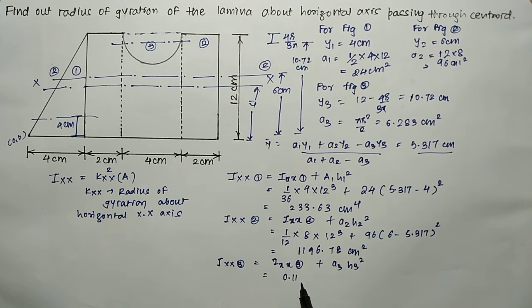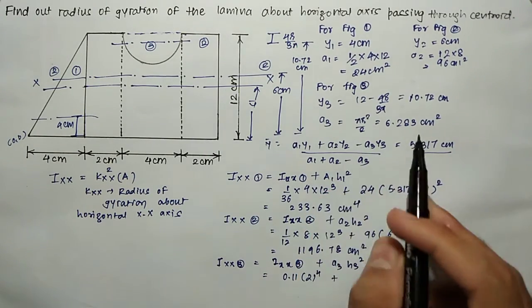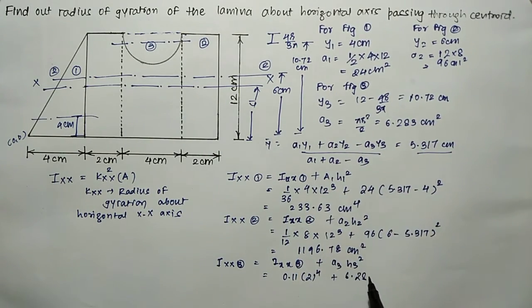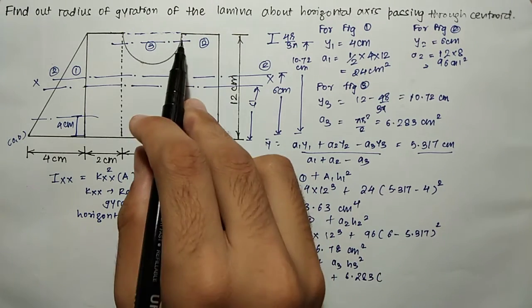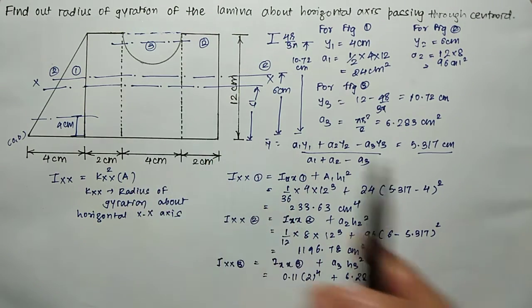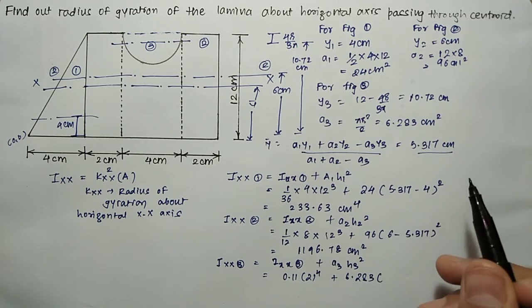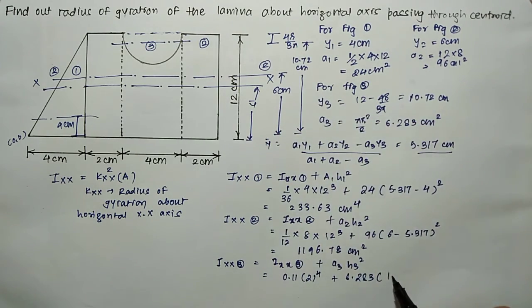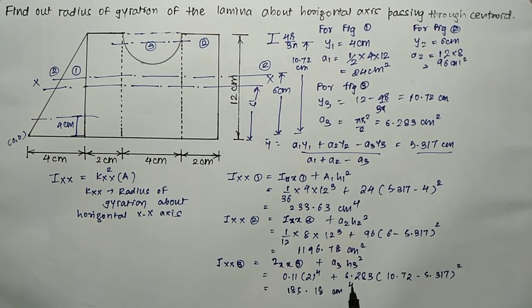So 0.11, and r is nothing but 2 centimeters, so 2 raised to 4, plus A3, that is 6.283 into h3, that is the distance between these two axes, and it can be given by 10.72 minus 5.317 square. So we would be getting the value of Ixx3 as somewhat 185.18 centimeter raised to 4.